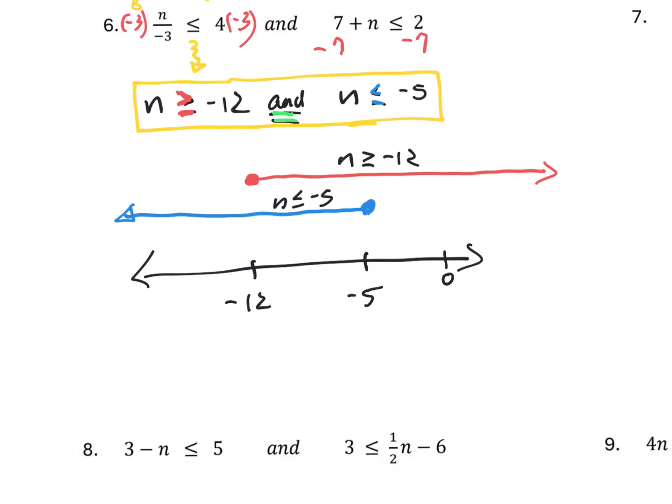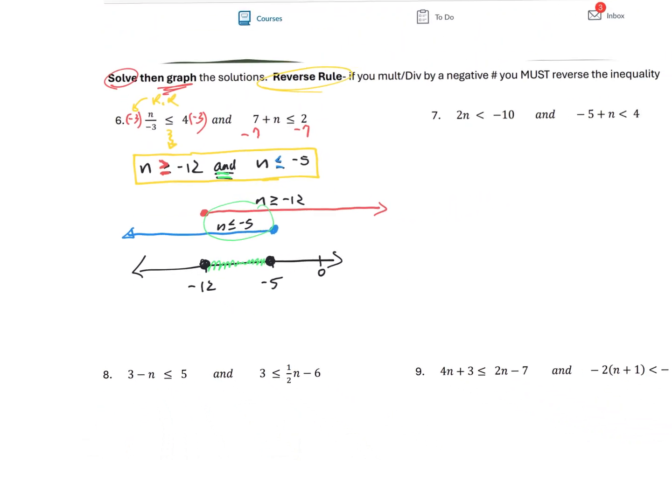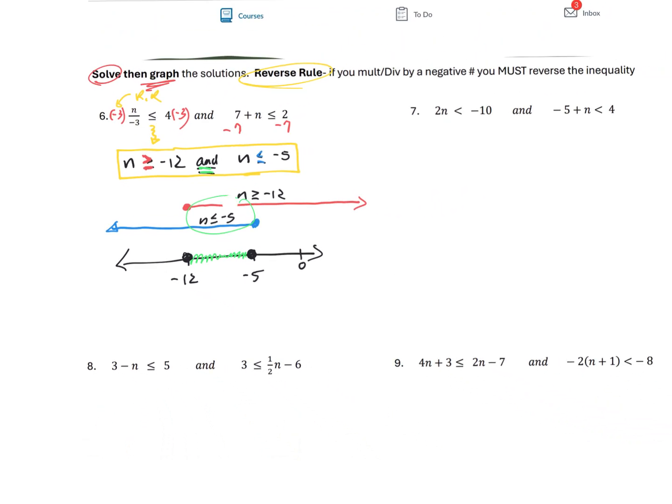So we are looking for which interval has both colors, and it's the numbers that are in between, and it should be a solid circle and a solid circle in between, and that's your final answer. You don't have to draw the line. So you just have to notice which ones have both colors. So that's what your paper should look like.